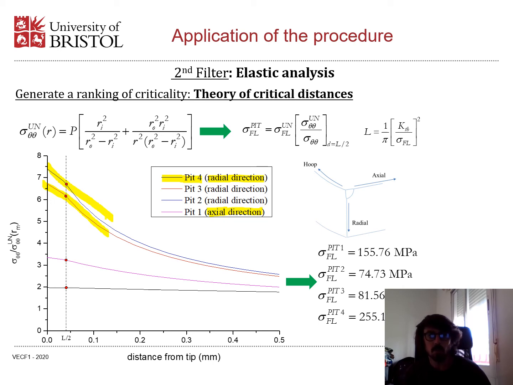Using the expression for the unnotched hoop stress in a thick wall pipe, we were able to calculate the stress needed to apply the critical distance method and evaluate the remaining fatigue strength of the structure by only having a specific pit, either pit 1, 2, 3, or 4, and that will give us an idea of the severity of each of these pits.